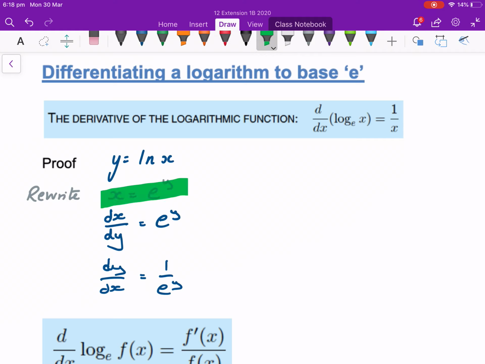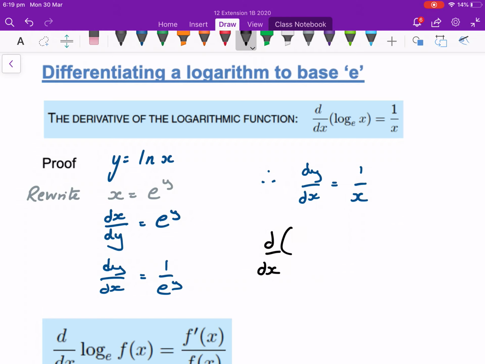We defined that earlier. e to the y is actually equal to x. So therefore, dy on dx is equal to 1 on x. So when we differentiate a log to base e, so ln x, you end up with 1 over x.